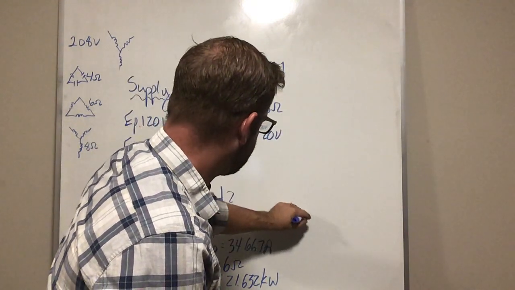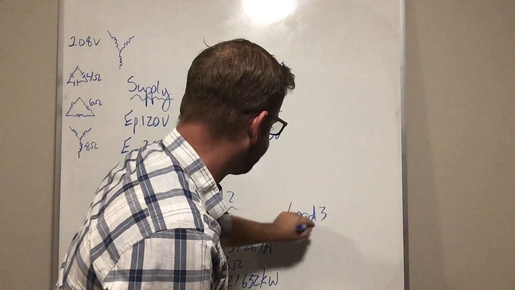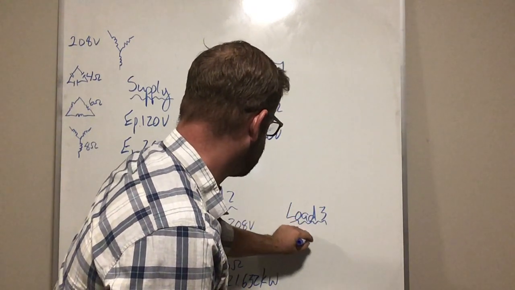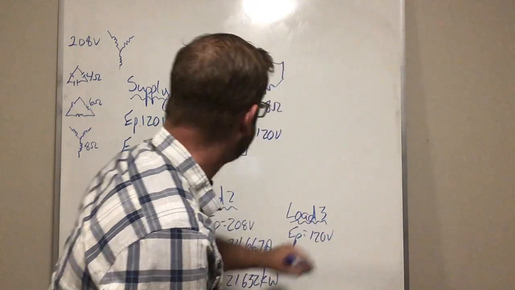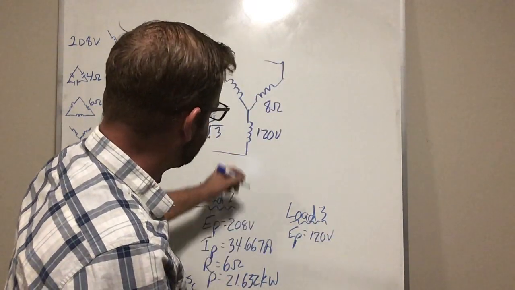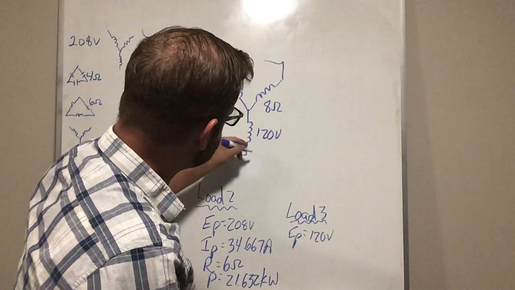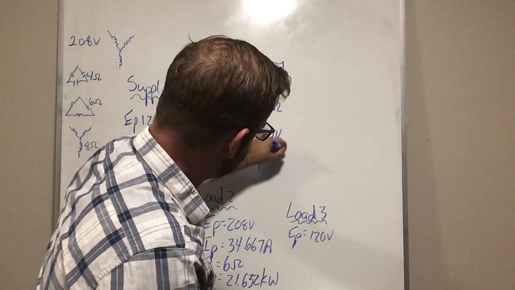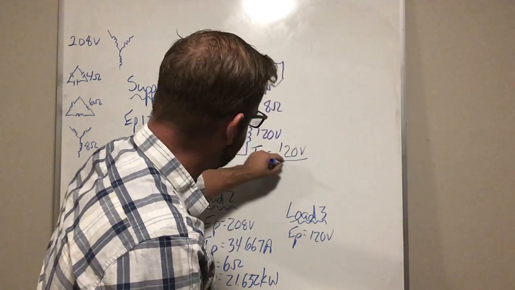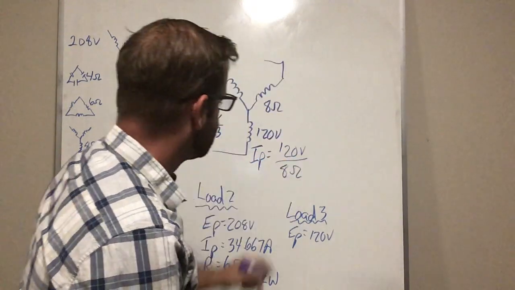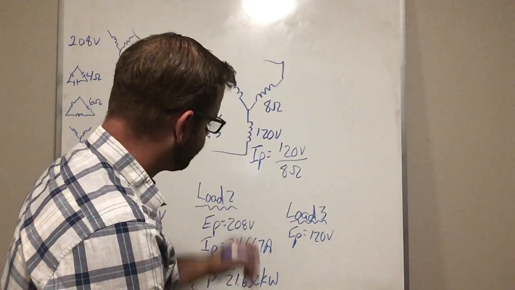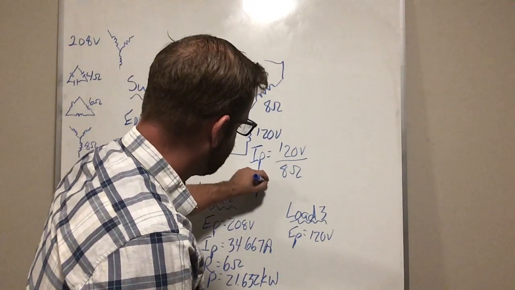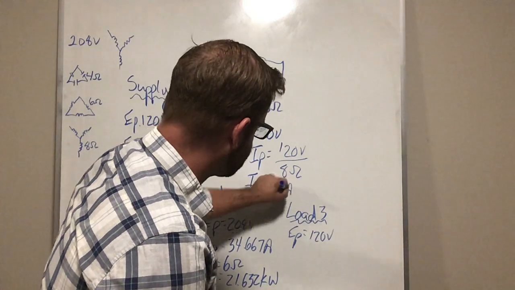So load 3, E phase is equal to 120 volts. We have 8 ohms per phase, so if we want to find our I phase, we take 120 volts divided by 8 ohms, and 120 divided by 8 gives us a current of 15 amps.